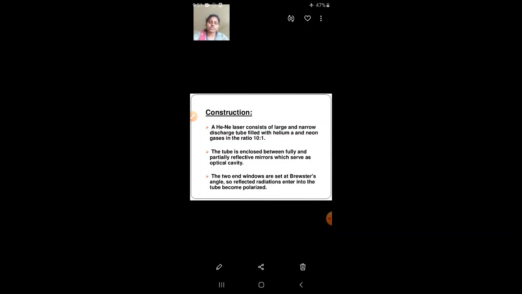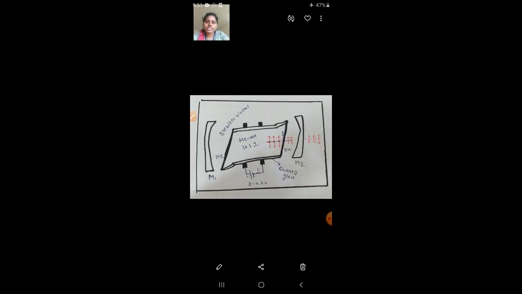Third point: the two end windows are set at Brewster's angle. So the two windows are Brewster windows, and they are set at some angle, which is the Brewster angle.